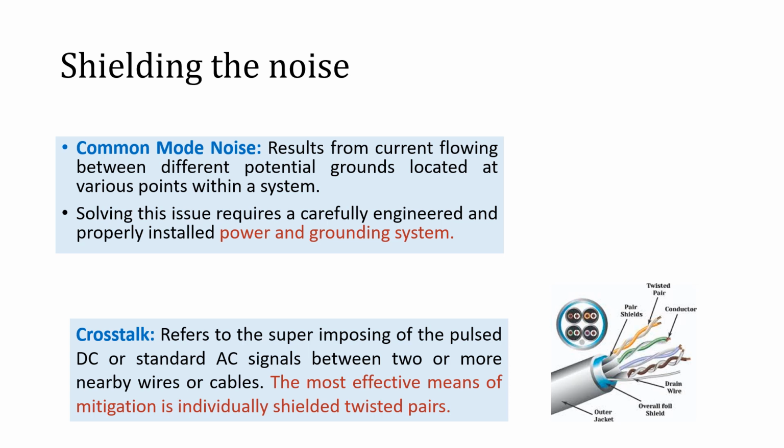Then we have common mode noise, which is very sensitive when we are connecting sensors to the signal conditioning circuit. And it is very important to know about operational amplifiers in this case, and usually we use an instrumentation amplifier to remove common mode noise.